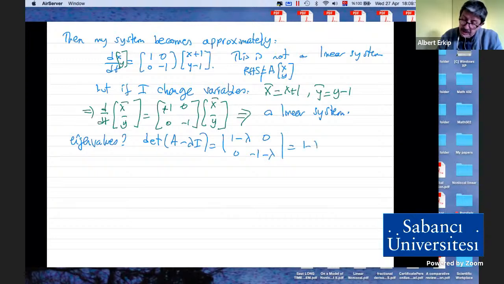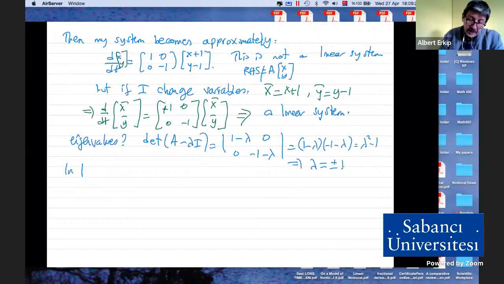That's equal to 1 minus lambda times minus 1 minus lambda. So that gives lambda squared minus 1, so lambda equals plus or minus 1, two eigenvalues. In fact, we don't really need that much. The equations become dx bar dt equals x bar, and dy bar dt equals minus y bar.